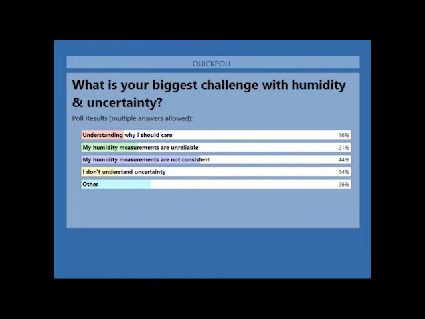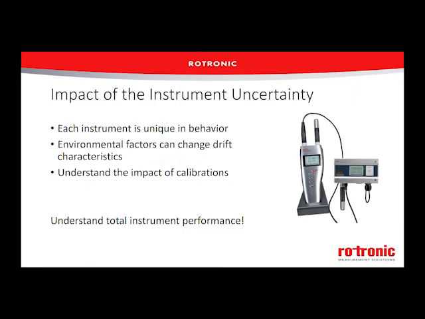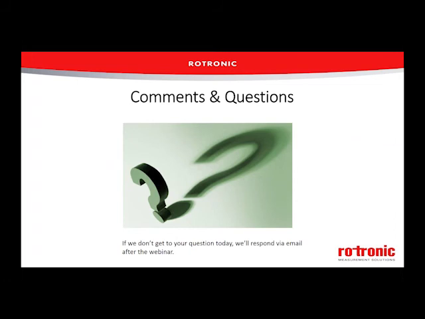He said, the challenge is understanding how does uncertainty affect my in-house calibrations? It's a good one. Well, uncertainty affects every measurement. So when you're doing an in-house calibration or sending a unit out for calibration, it's important to understand what the uncertainty is of the reference equipment, for example.